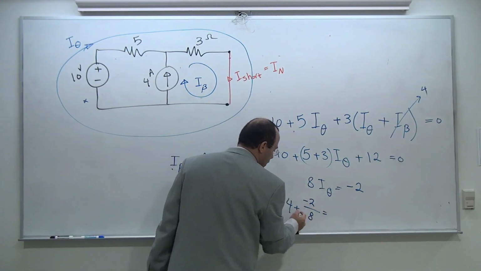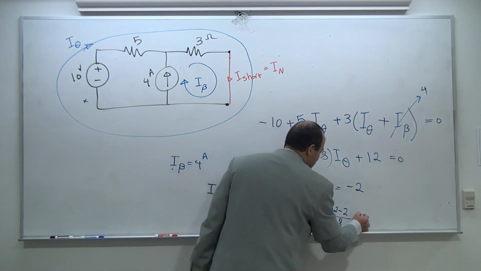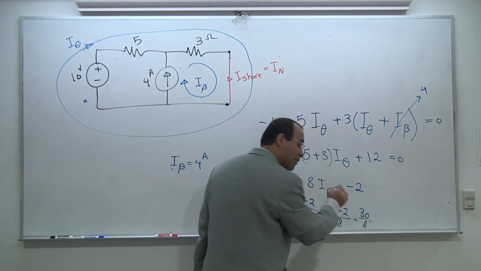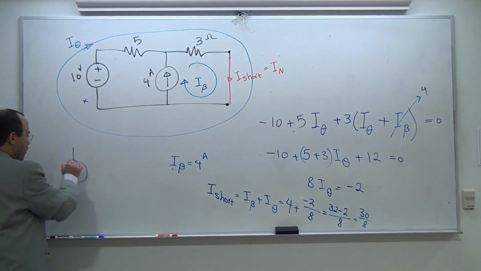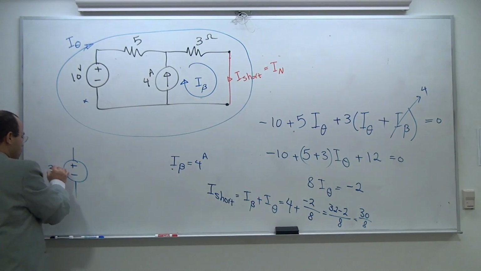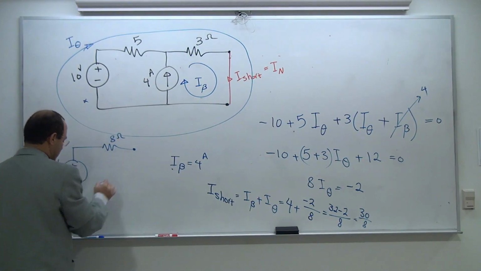So this one is going to be 32 minus 2 divided by 8, equal to 30 divided by 8. That sounds familiar to us. If you remember what I said before, you had 30 volts and you had 8 ohm in your Thevenin.